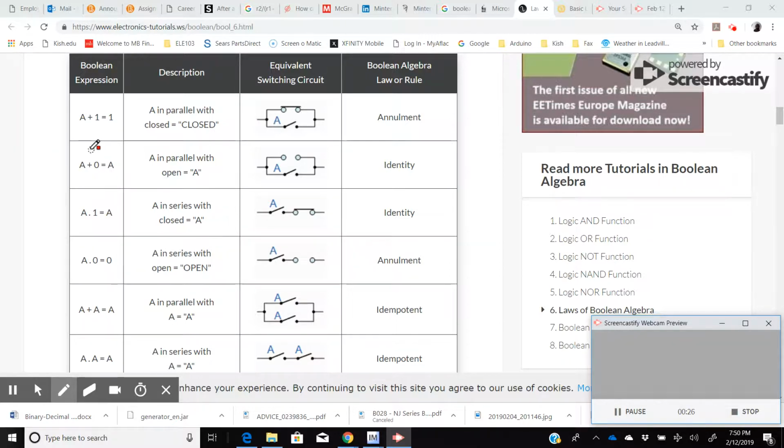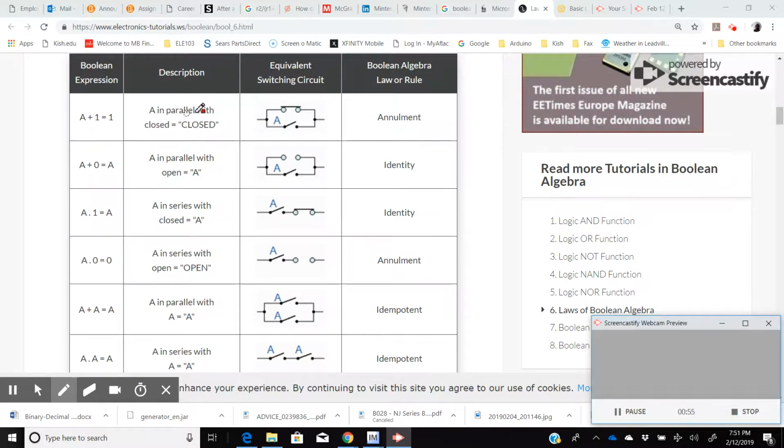First of all, when we look at Boolean algebra, I brought this website. This is from Electronic Tutorials, which is great because it explains some of the Boolean algebra that is going on. So this is A, and they say A in parallel with the closed switch. Remember, 1 is high, so it is closed. A switch being open is off, so it'd be 0, and a switch being closed would be a 1.